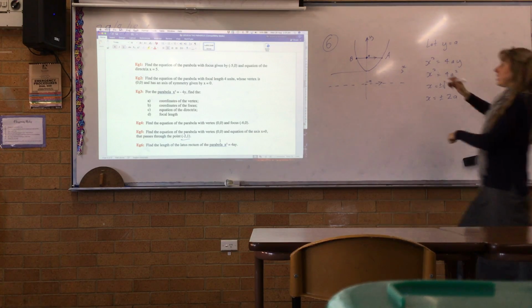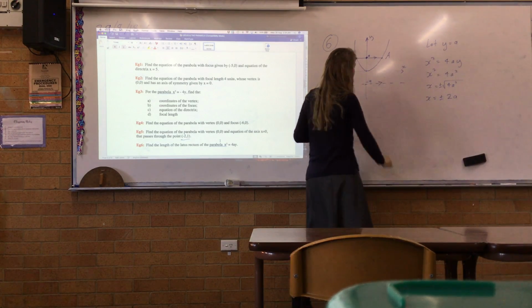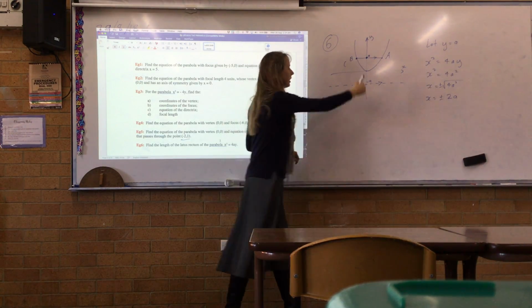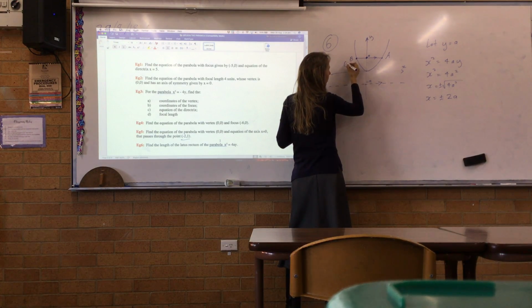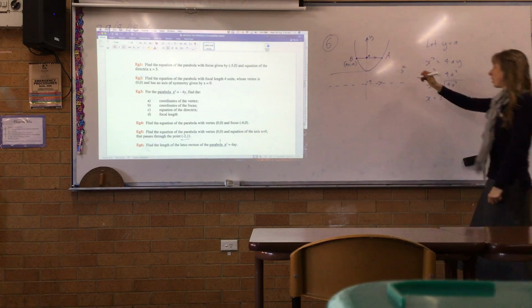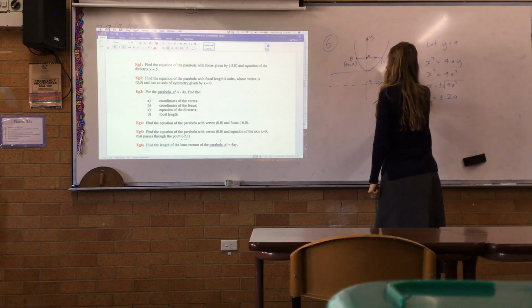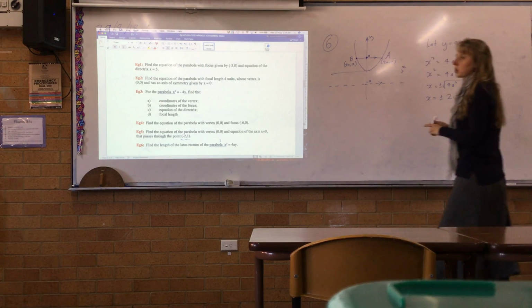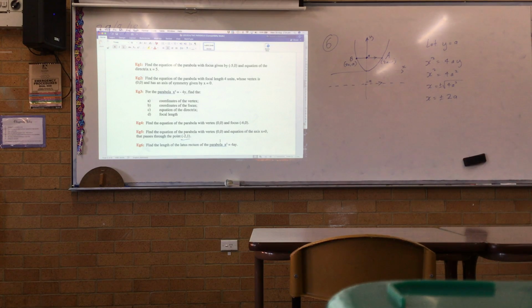So in other words, these points, we know what their values are. The x value on this side is negative 2a, the y value is a, and over on this side it's going to be positive 2a, and the y value we said was always a. So we have them both.